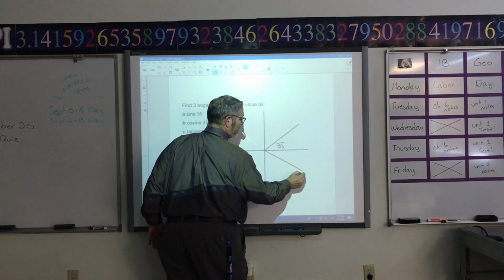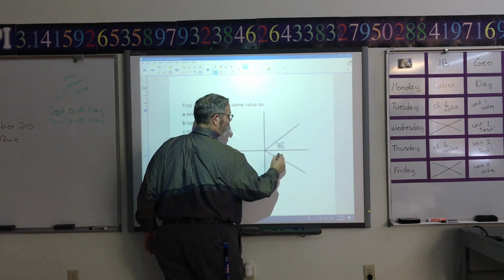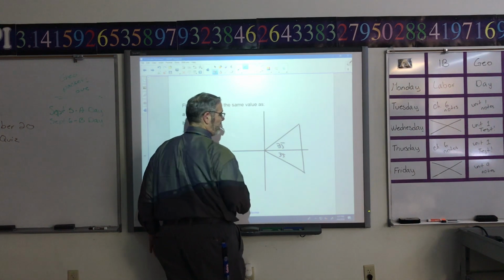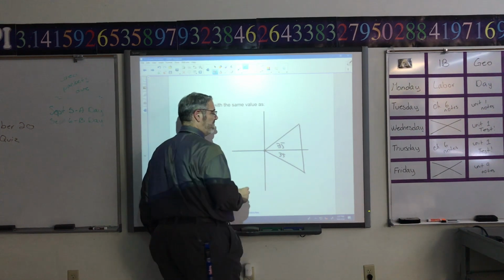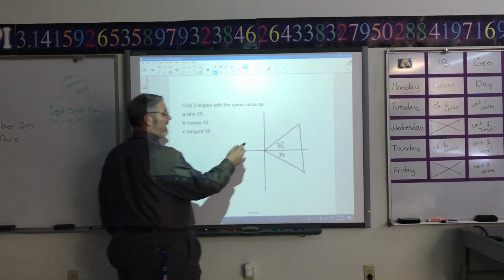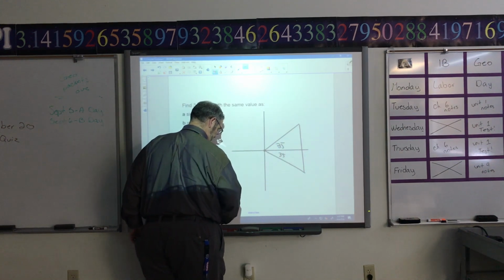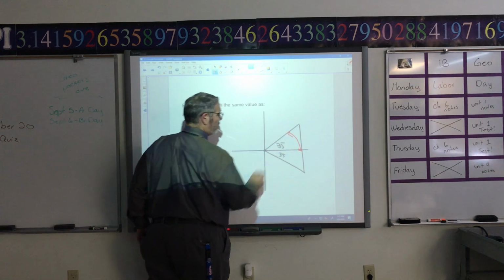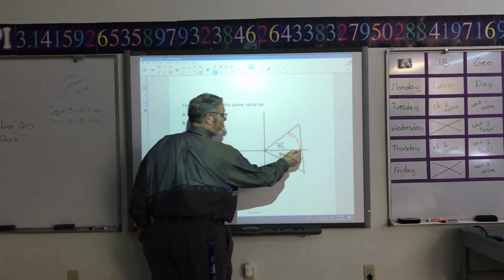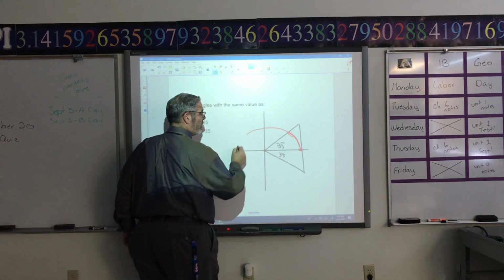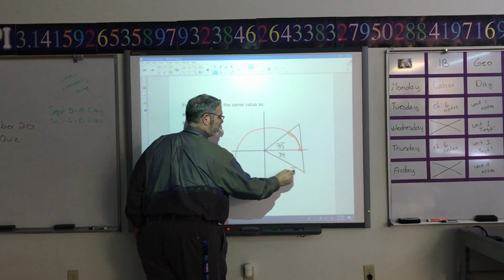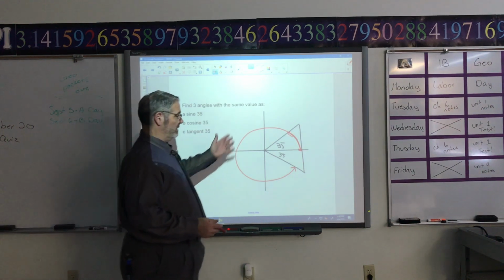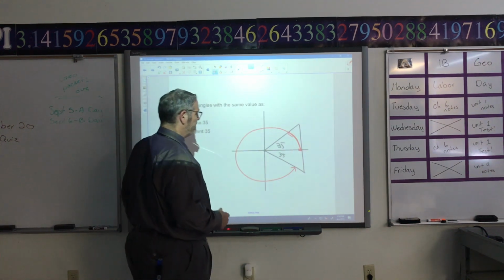So the angle I'm looking for is this one right here. They're both going to be the exact same distance away from my center. So if I start at 0 and I go to here, that's 35. Well, if I go from here all the way around in the positive direction, I should have made that green because green is positive.